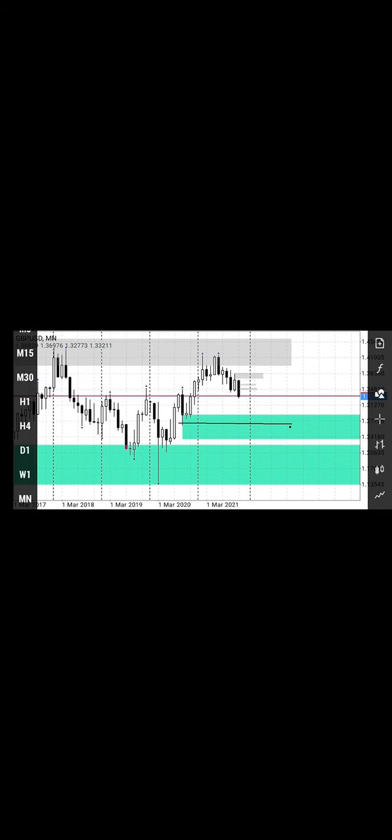We are expecting the same to happen when the market comes to this level. The reason why I'm having my demand level plotted like this is because the short-term demand zone is here, and our interest is going to be here.